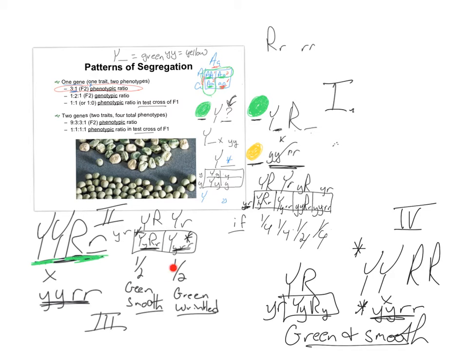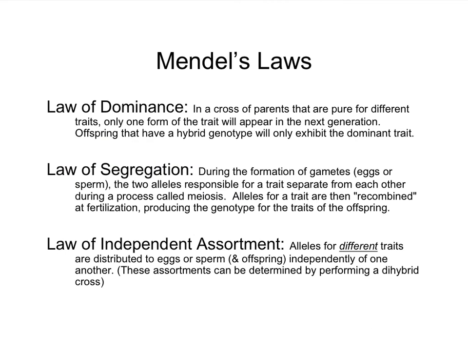In any case, if you have a 50-50 ratio, you know one of the two genes is homozygous and the other heterozygous. If 100% come out one way, in this case green smooth, then you're dealing with homozygous dominant for both genes.